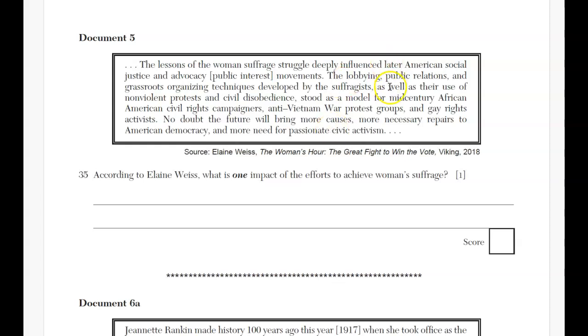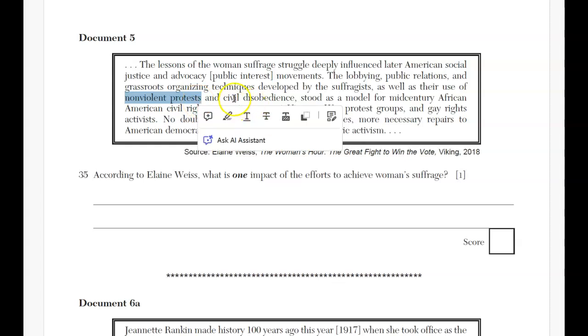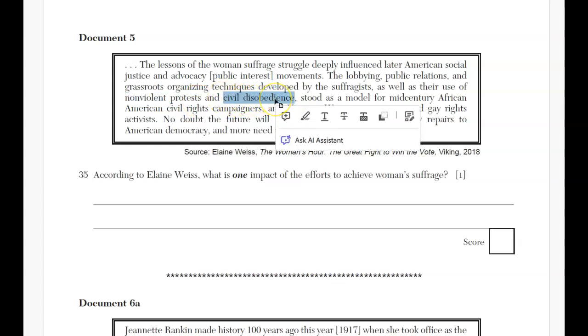Notice what they're saying here, by the way? Their use of nonviolent protests and civil disobedience. Civil disobedience, you remember, is when you refuse to comply with a law that you consider immoral. You're willing to accept the consequence. You get arrested, you go to jail, and that's your form of protesting it.